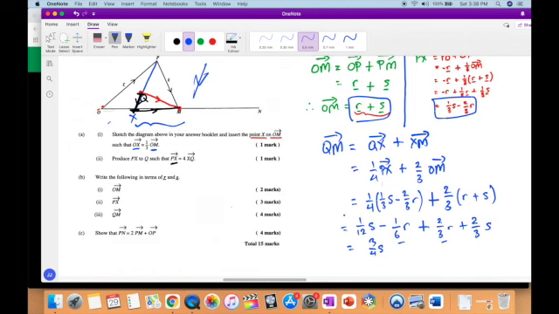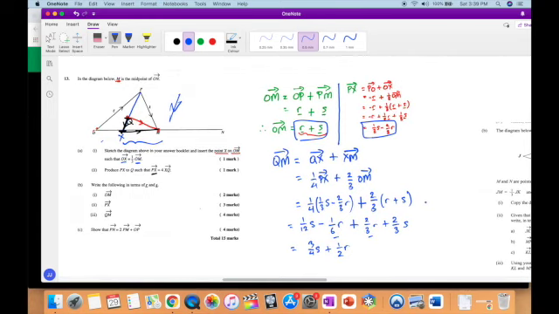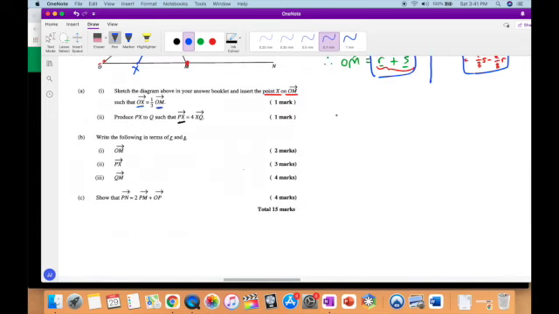That's plus a half actually. So apart from working with some messy fractions, we get 3 over 4 S plus a half R. How do you feel about that, Shazay?